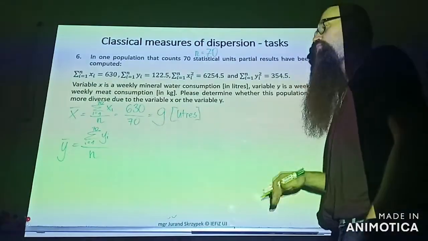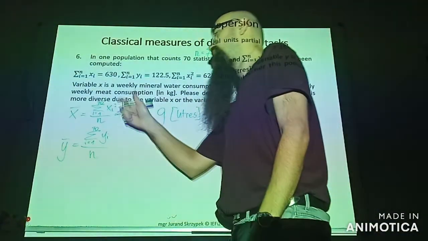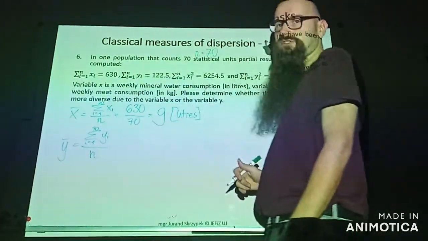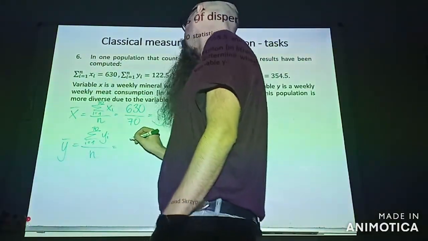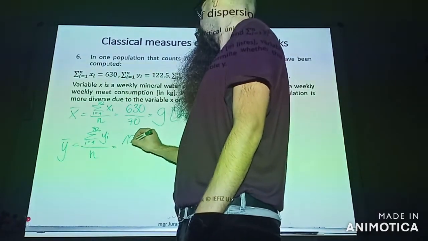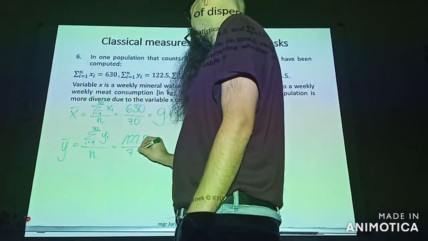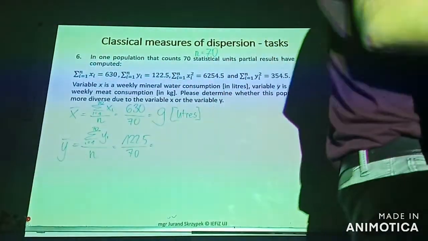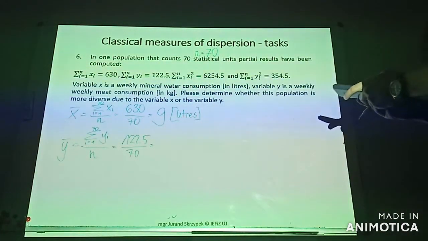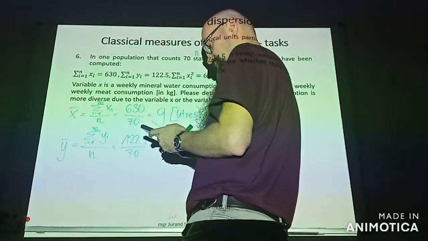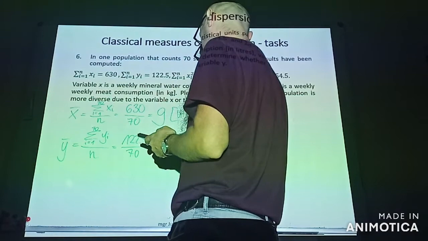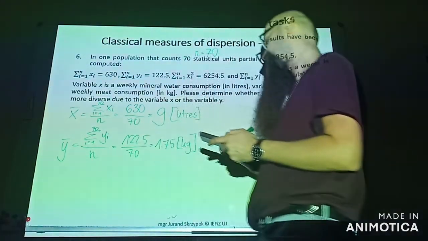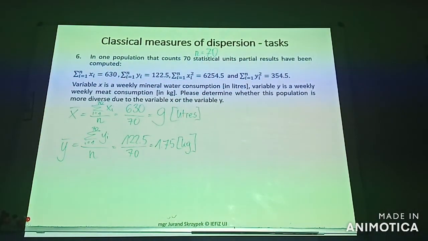We sum up all the values of weekly meat consumption by 70 statistical units and divide this sum by n, and the final result is 1225 divided by 70. Okay, now I will use the calculator. 122.5 divided by 70 is 1.75 kilograms.